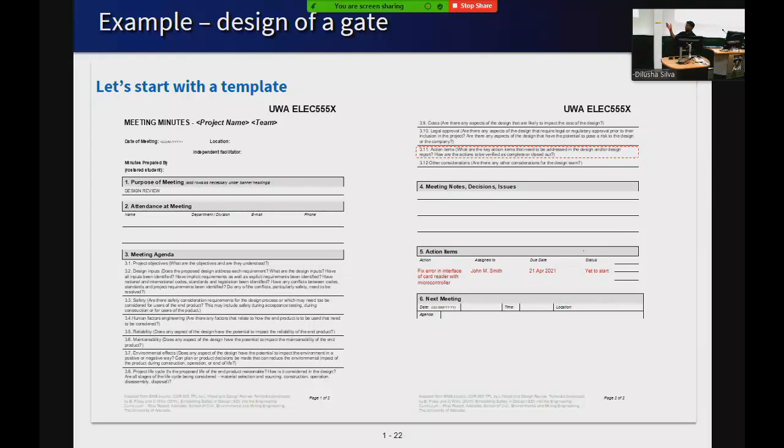You assign that action to somebody, you give them a due date and you track it. So on the day that it's allocated, it's yet to start, basically. And that's how you manage that process.